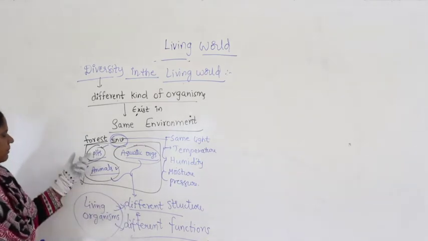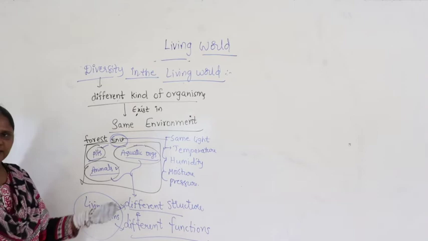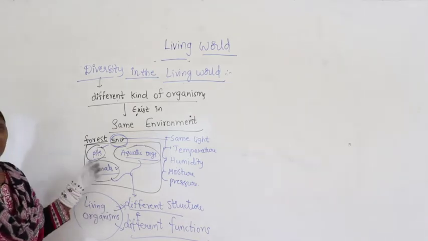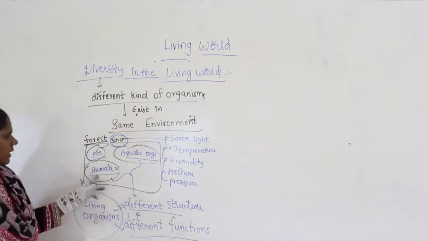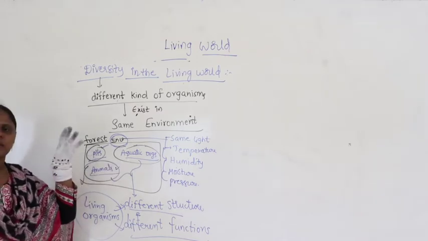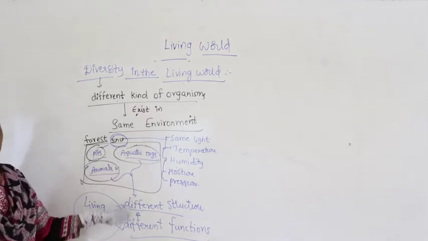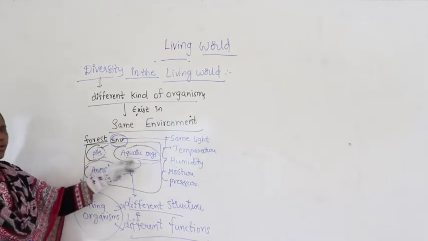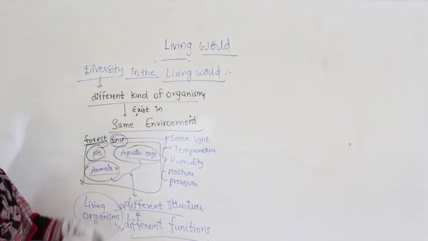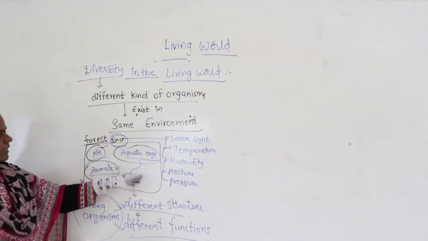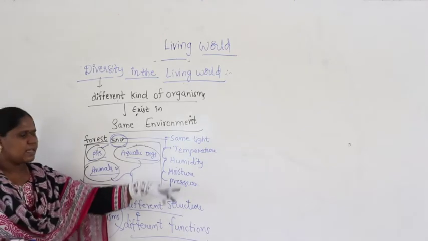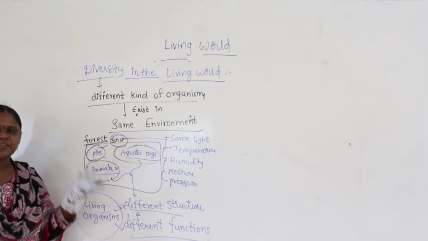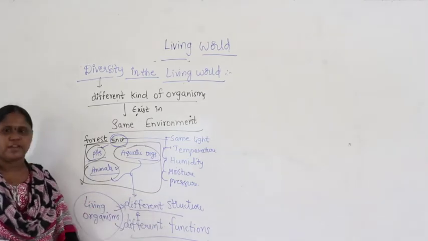Why do you think some plants, like we find leaves and branches, are called plants, some have legs and keep walking here and there, we call animals, some we find growing in water, they have different structure and function. My basic question is, when all are born and brought up in the same environment, all growing in the same environment, having the same parameters, then why do they differ in terms of their structure and function?